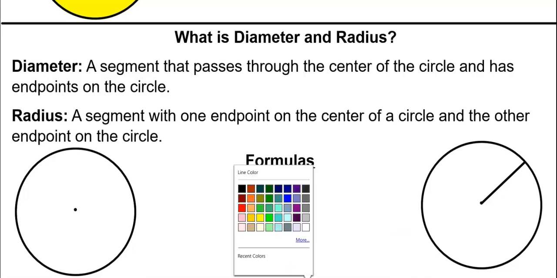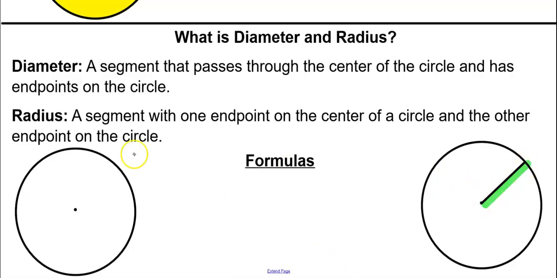So this segment from the center to the edge is called my radius. Now I can draw an infinite number of radii into this circle, and every radius will be the same length.